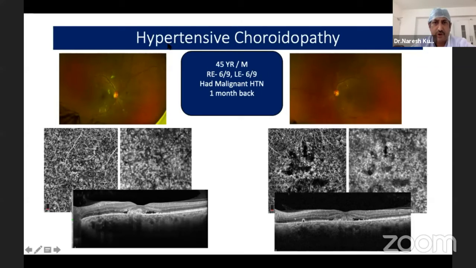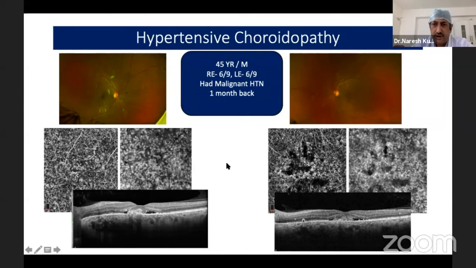This is hypertensive choroidopathy. So we know that the choroidal vasculature is not auto-regulated. So any steep or very severe rise in BP can cause choroidal insufficiency. So here you can see in the left eye, you can see non-flow areas.